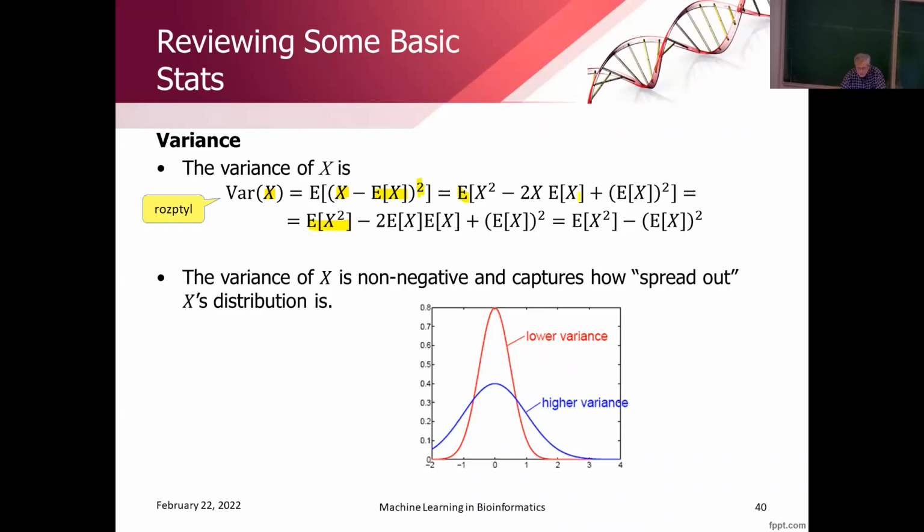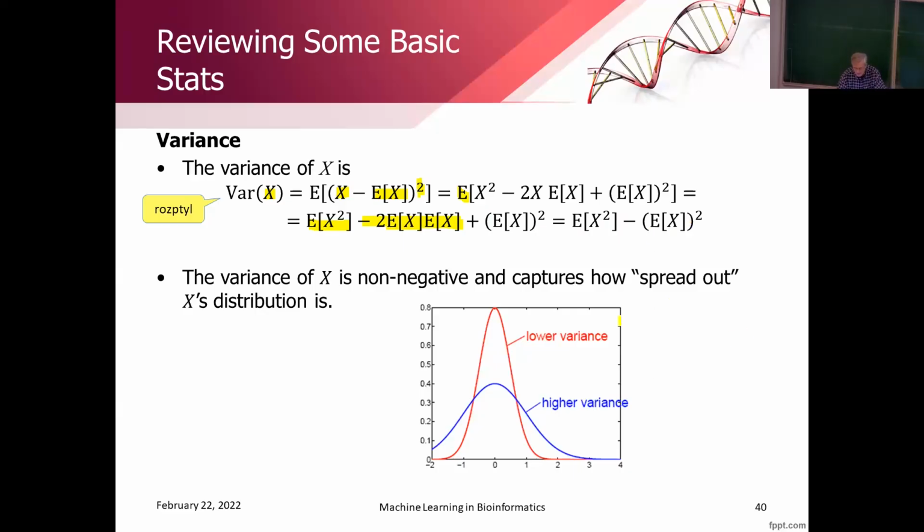From the second term, we will have the expected value of 2 times x times the expected value of x. Then the expected value of x we can put in front of the expected value, and we obtain that it is actually 2 times the expected value of x times the expected value of x. And from the last term, we have still the expected value of x squared. But this term can be subtracted from the last one, and we obtain that it is the expected value of x squared minus the square of the expected value. Okay, this is theoretical.